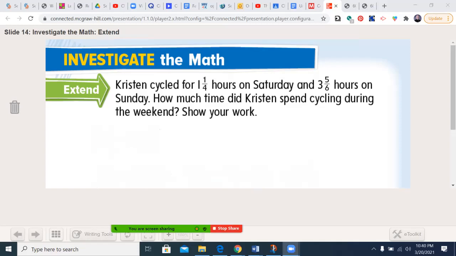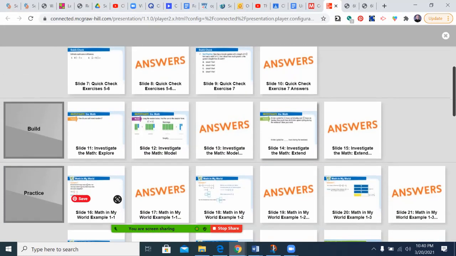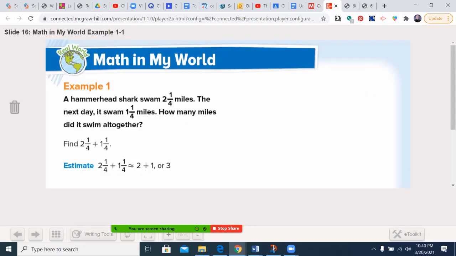Let's go ahead and get into the textbook together now. And this will be on page 677 in your My Math textbook or packet. It says lesson 11. There's a fishy on it, a blue one. It's a big fishy. Remember, the expectation is to fill this in as we go through the lesson.